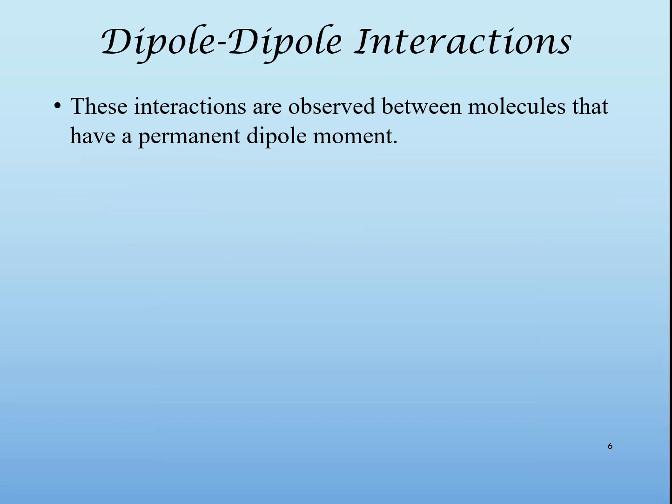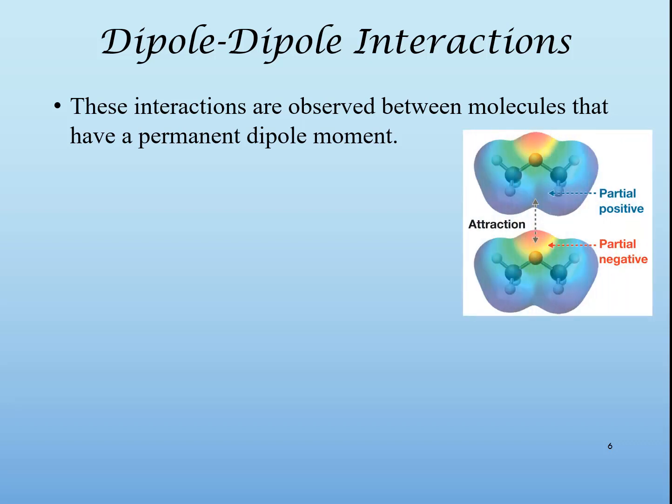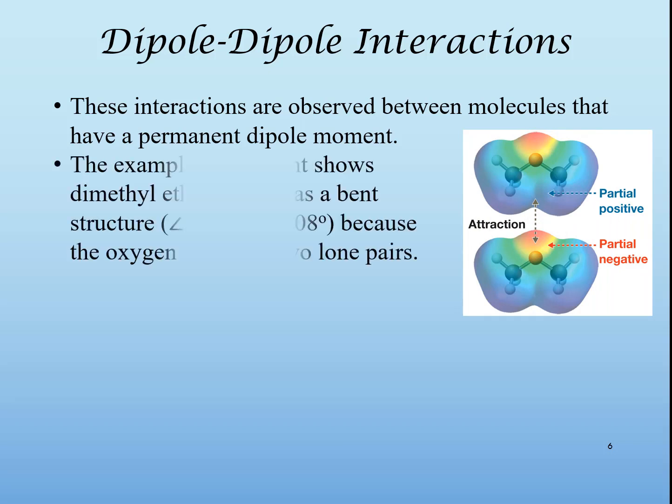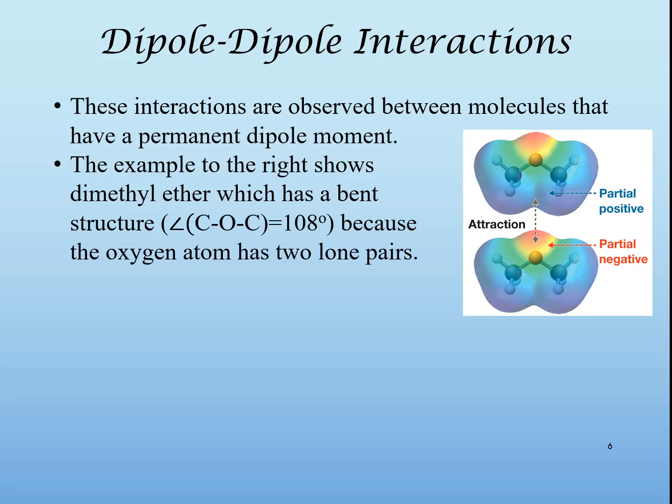The next interaction we're going to discuss are dipole-dipole interactions. In order for these interactions to be observed, we have to have a permanent dipole moment. This example here shows dimethyl ether, and the structure of this molecule is bent because the oxygen has two lone pairs, similar to water.